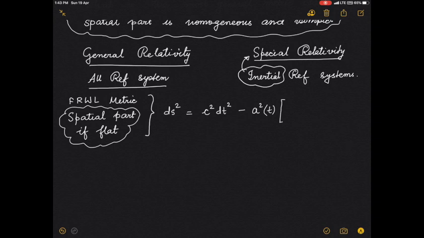The only difference between this metric and the previous one that we wrote down is this quantity a squared of t. Everything else is as it is.